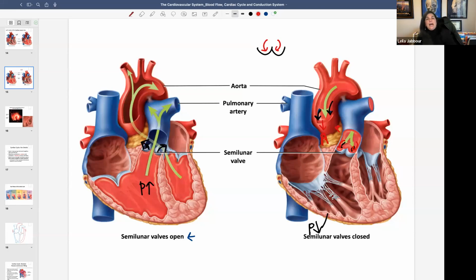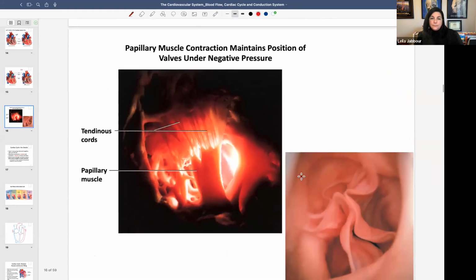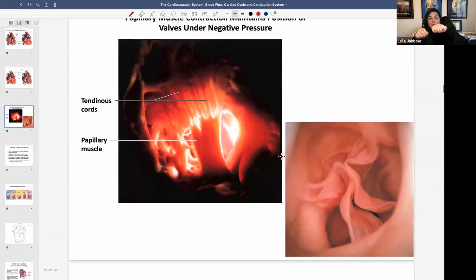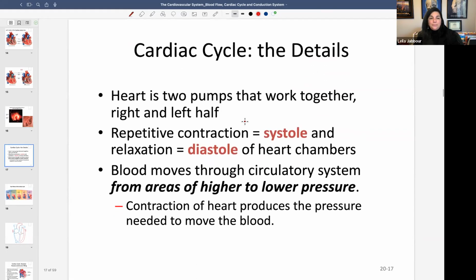So we call this an isovolumetric relaxation, where there's no change in volume of the blood in these chambers, because we're basically waiting for the next step. Okay. So I mentioned the papillary muscles helping shut these valves, the AV valves, when there's this negative pressure in the ventricles. Okay.